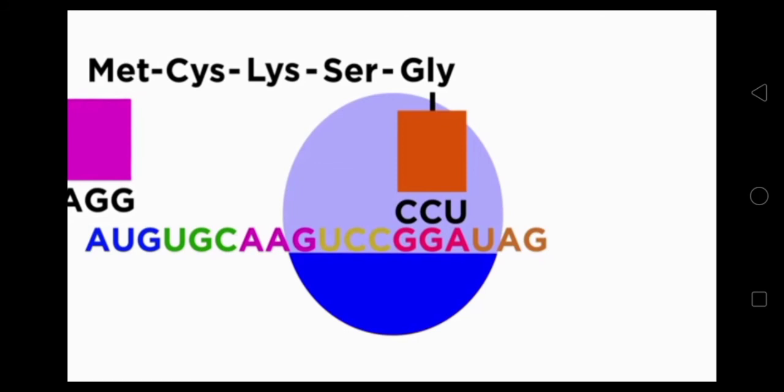As the tRNAs enter and exit the ribosome in a sequence dictated by the codons on the mRNA, a polypeptide chain will grow.